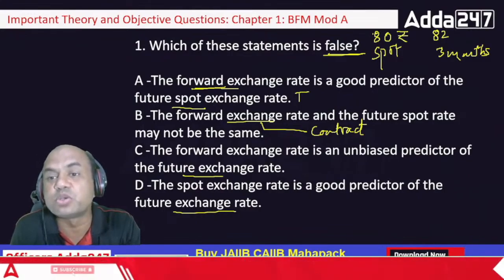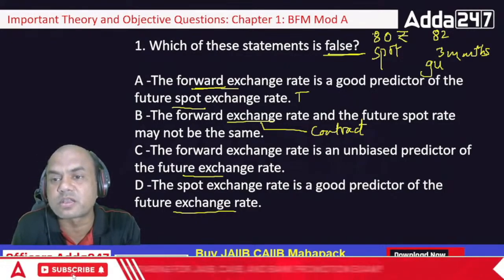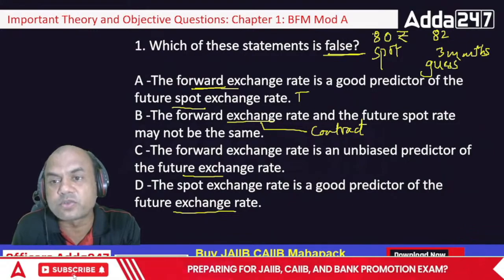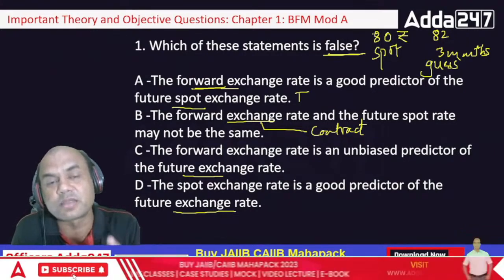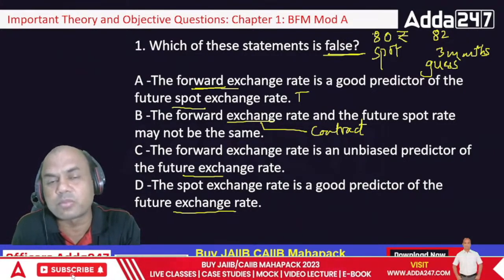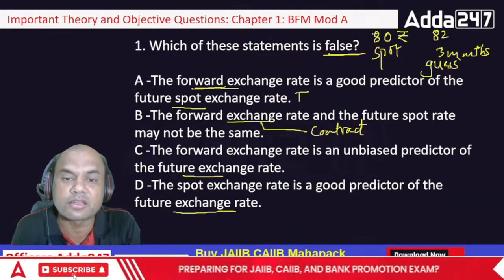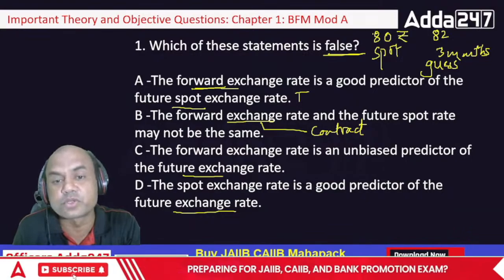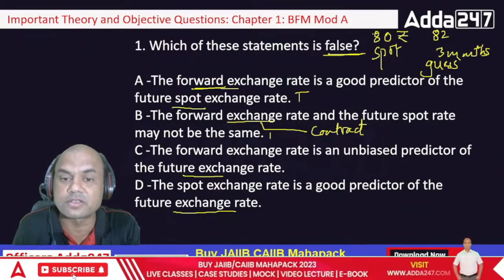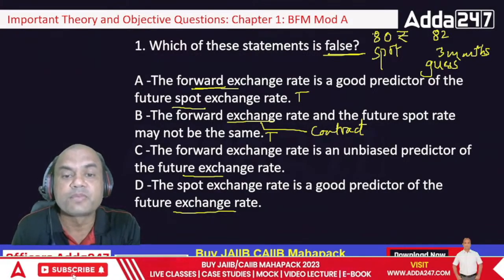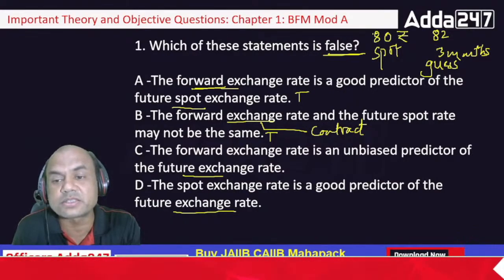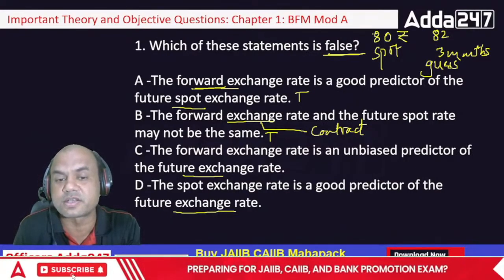I am assuming, I am guessing, this is guesswork. So this is a forward rate. And actually when the 3 months come, the rate may not be 82 at all. The rate may be 80 again. The rate may be 79. So forward exchange rate and a future spot rate may not be the same. That is also true.